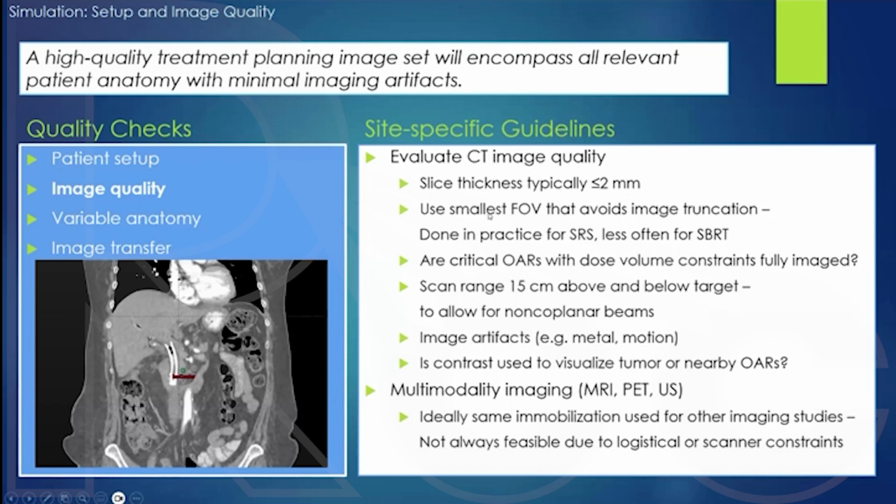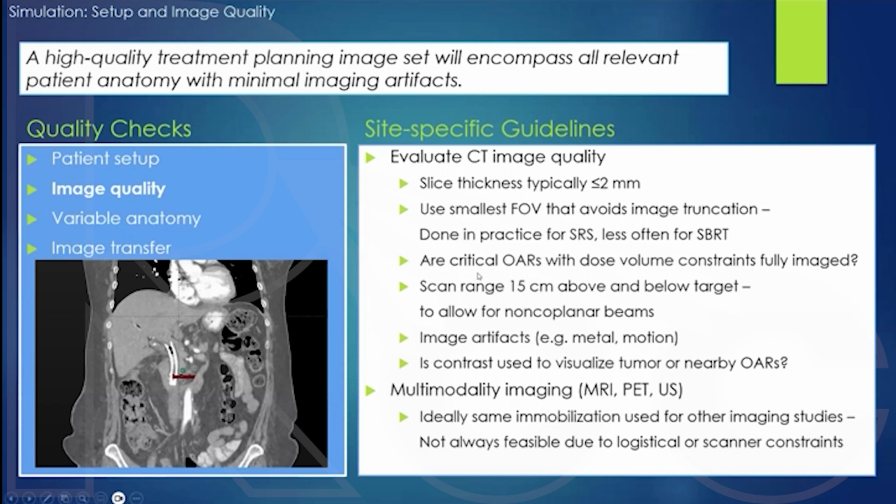We use the smallest CT field of view that avoids image truncation. And so this is done in practice for SRS as that field of view is coned down to improve the spatial resolution. This is done for SBRT, but in practice, it's not as easy to cone down as much because the cross-sectional anatomy is larger and there are also immobilization devices in the field of view.